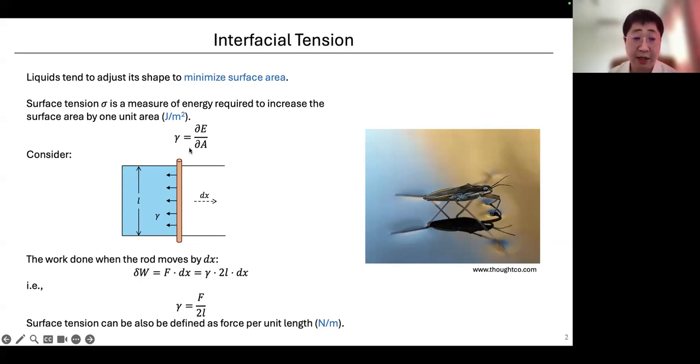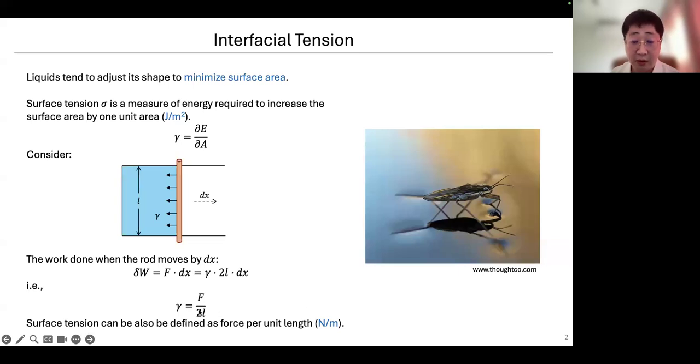Based on the original definition, we get the surface tension multiplied by 2 times L, the height, times the width of the moved distance. That's just the area. We have 2 because we have two surfaces: the one we see, and the other on the other side of the screen, taking into account the total area. This is also equal to the force multiplied by the distance.